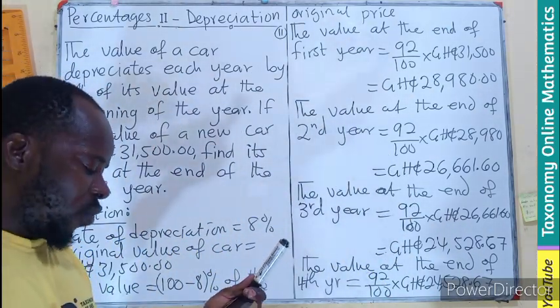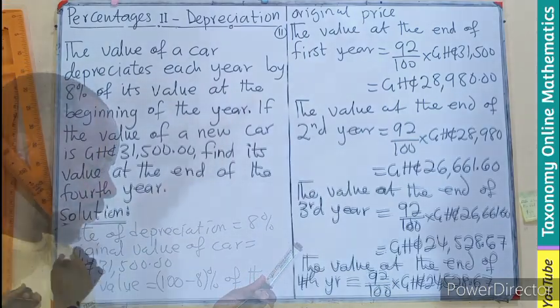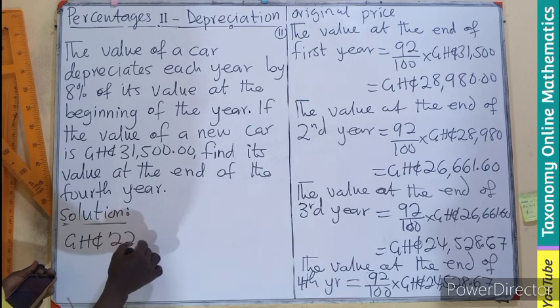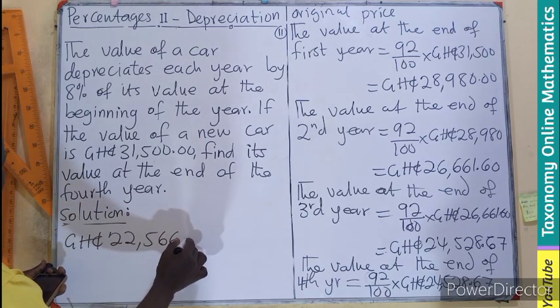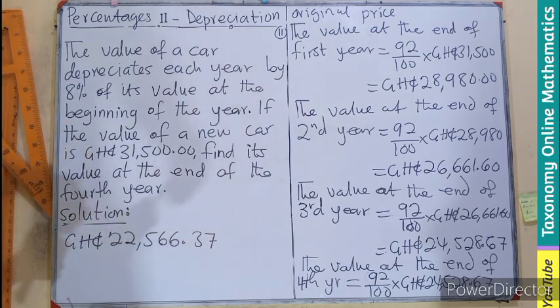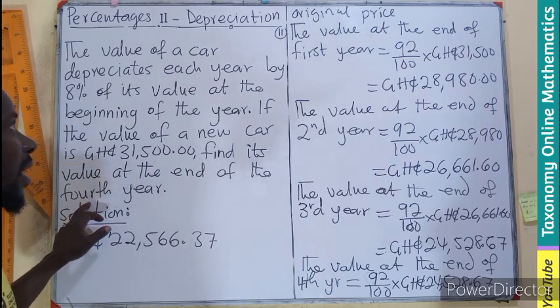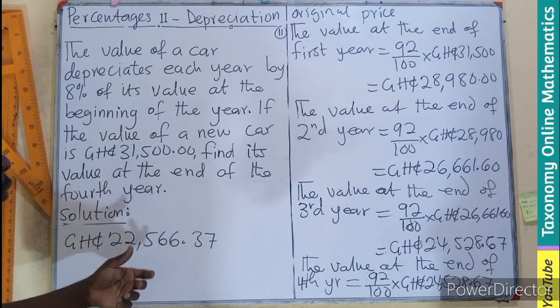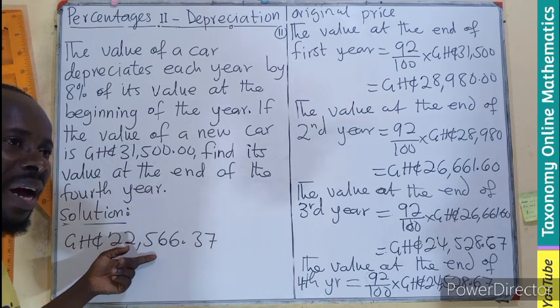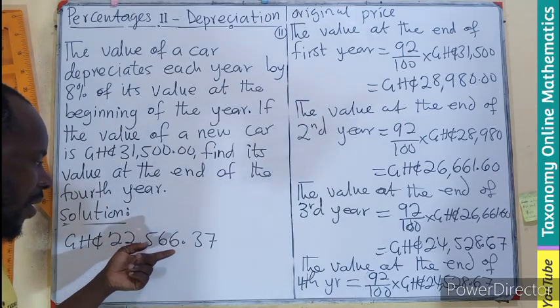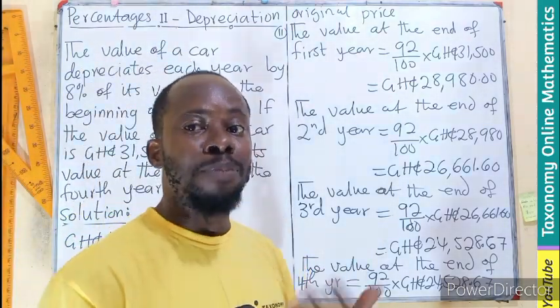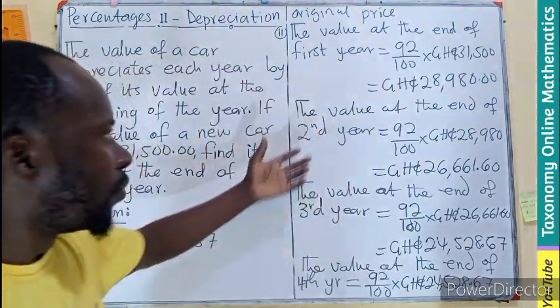And that, when calculated, will be giving us 22,566.37 Ghana cedis. So at the end of the fourth year, the value of the car, which used to be 31,500, will now be worth 22,566.37 pesos.